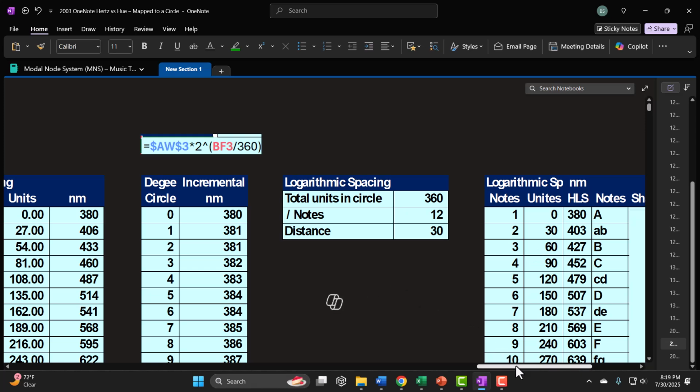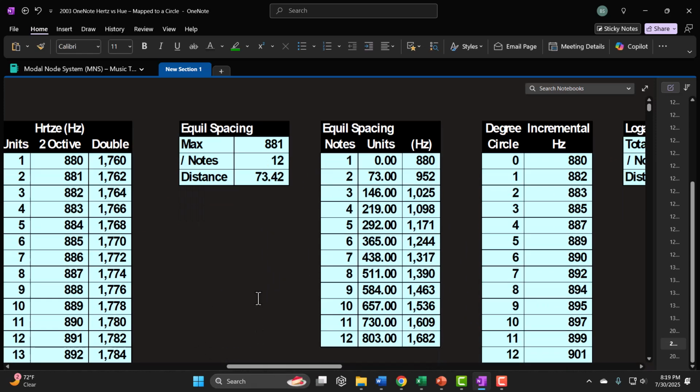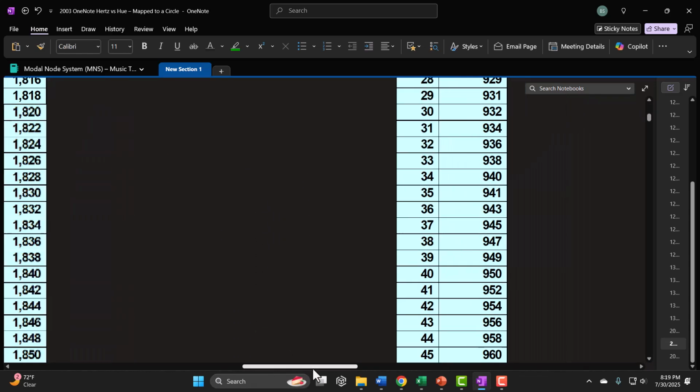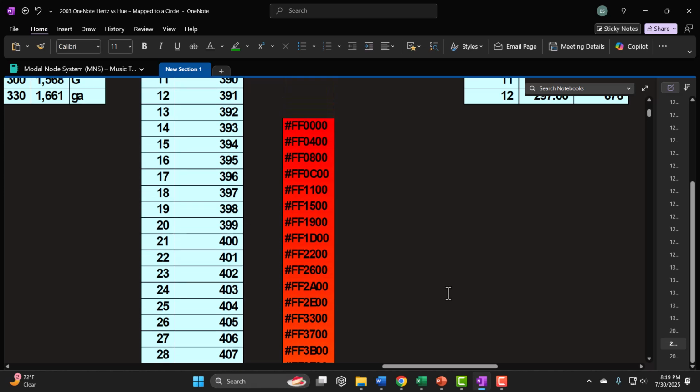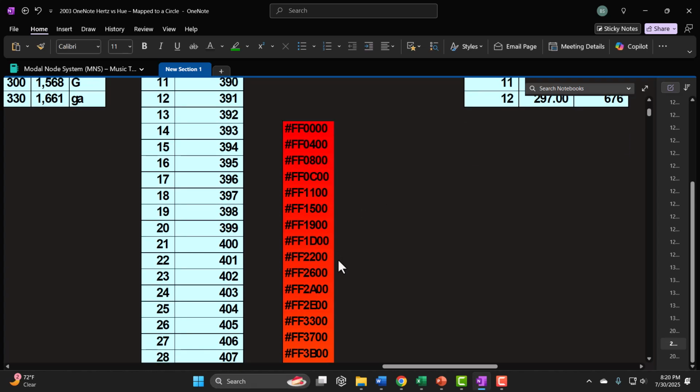So now we can ask ChatGPT, which is what I did here, to give me the 360 degree color wheel, but give me the hex number, which is the Excel number.